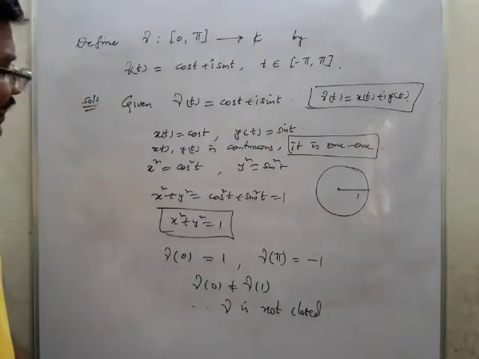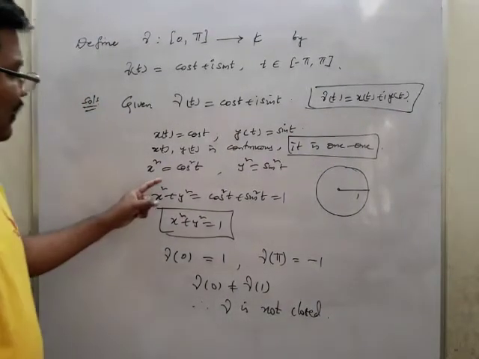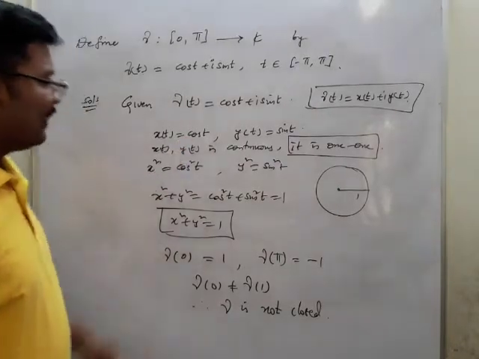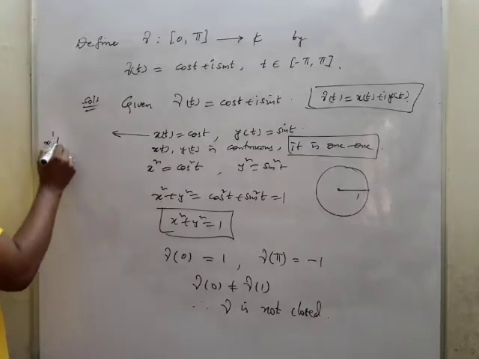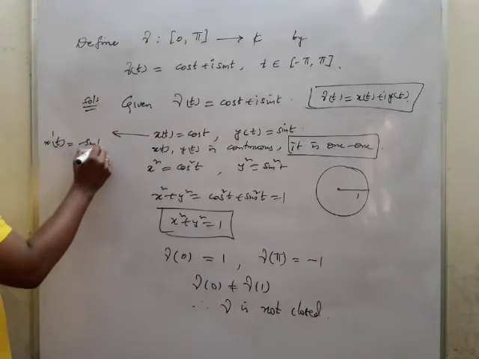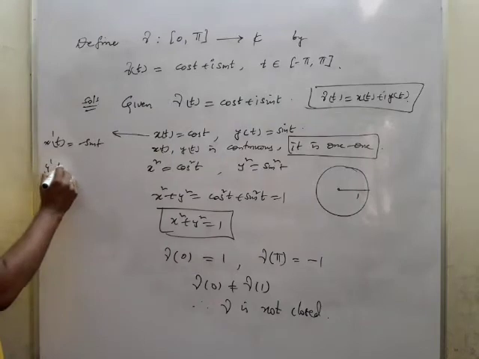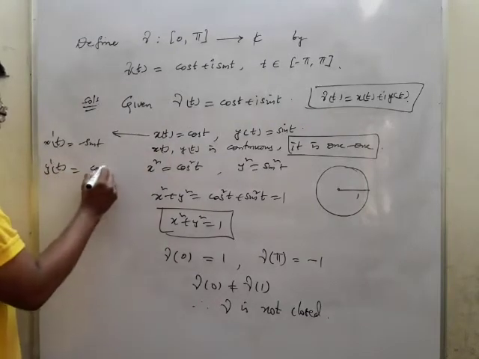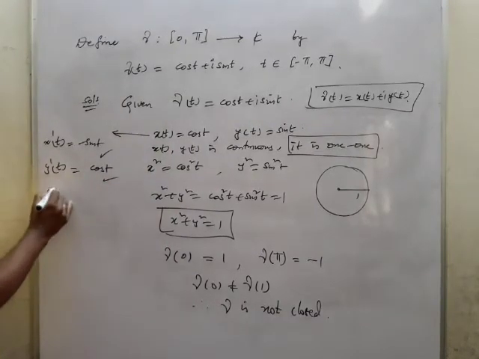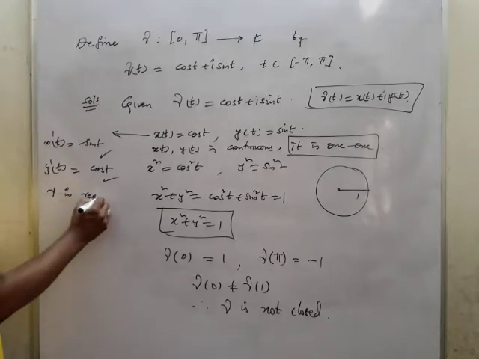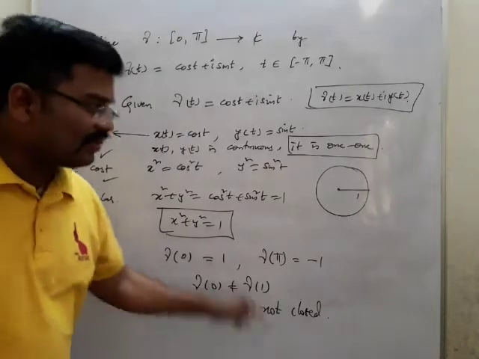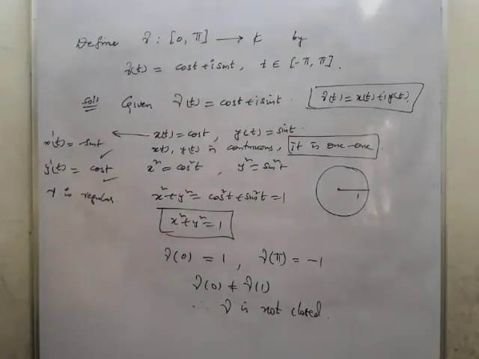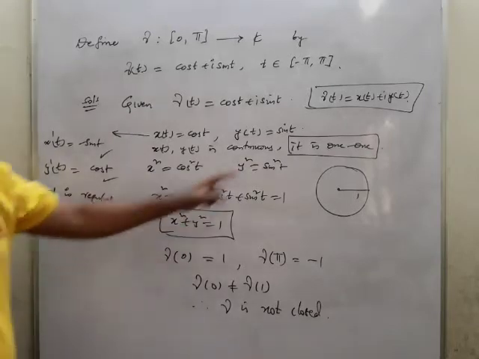You can say that it is a regular arc, because if you take the derivative, x dash of t is minus sin t and y dash of t is cos t. So the derivative exists, and gamma is regular and one-one.